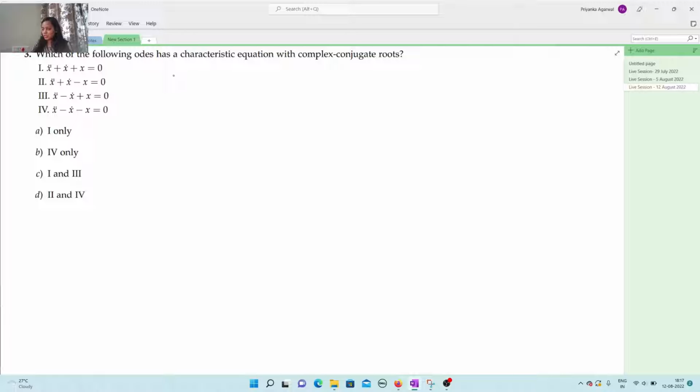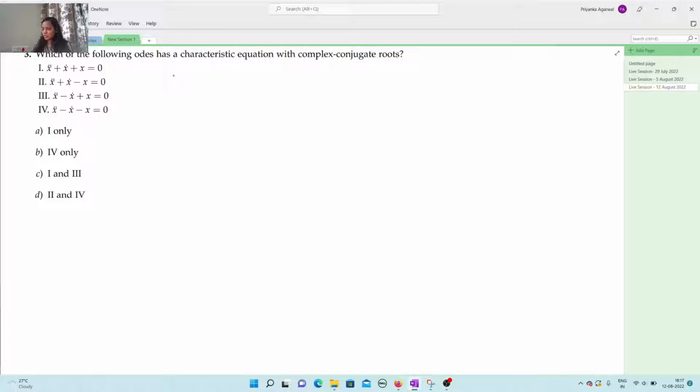Okay, and so in case 1, what will it become? e to the power lambda t times lambda square plus lambda e to the power lambda t plus e to the power lambda t equals 0. So the characteristic equation will be lambda square plus lambda plus 1 equals 0.